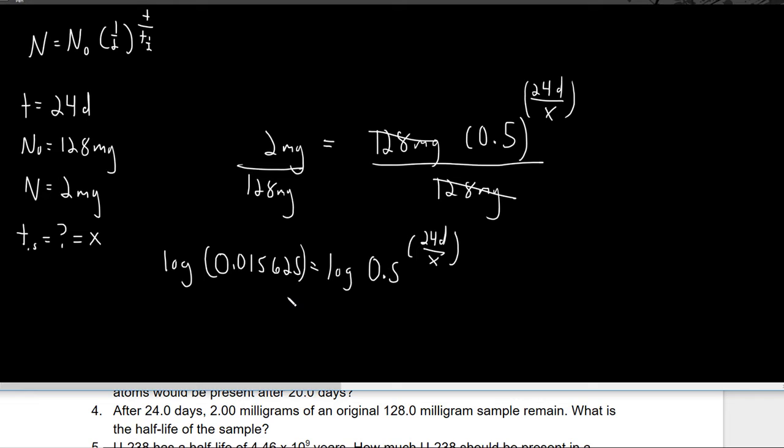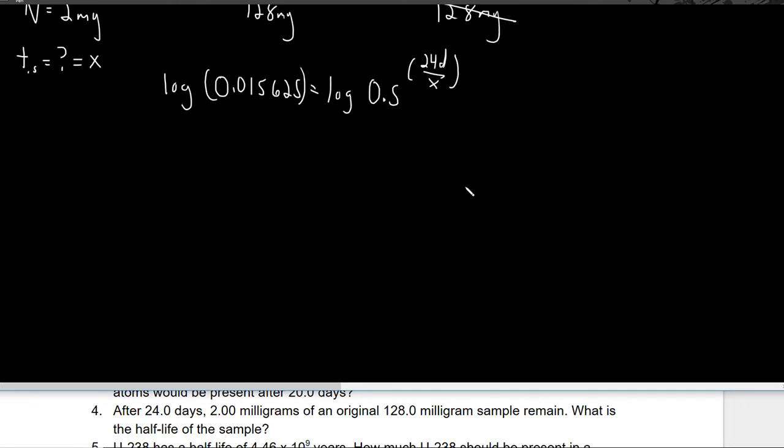Here's the cool thing about logs, okay? Here's the new math. When you take the log of something raised to an exponent, this exponent comes down in front of that log.